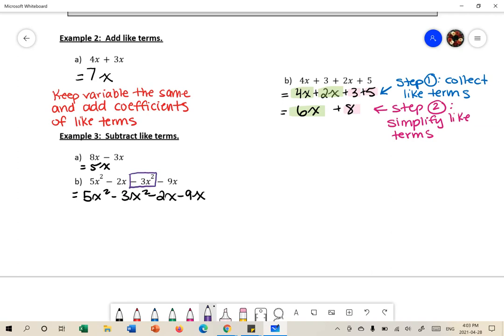I moved this negative with it to here because that negative belongs to the coefficient. The coefficient is negative 3. So that negative had to move with the term.